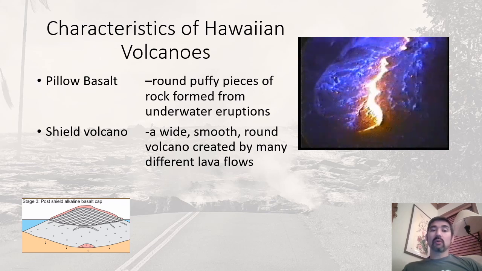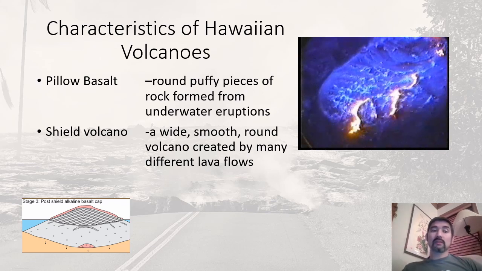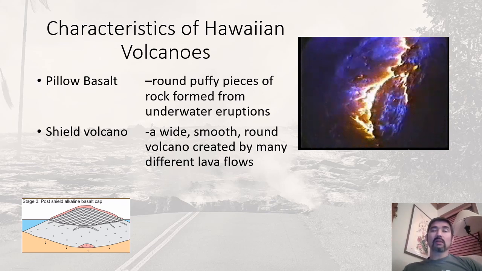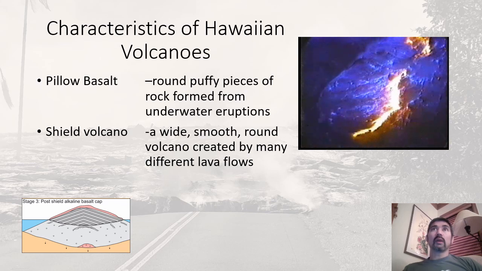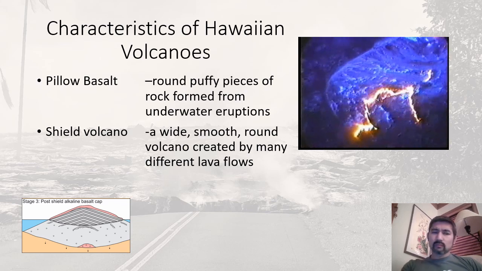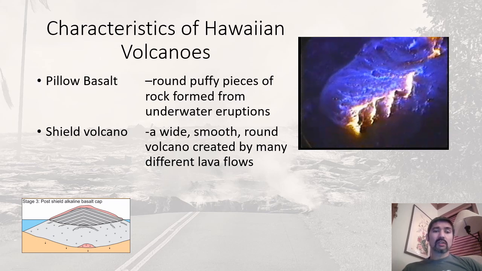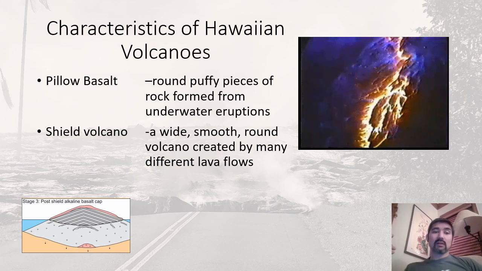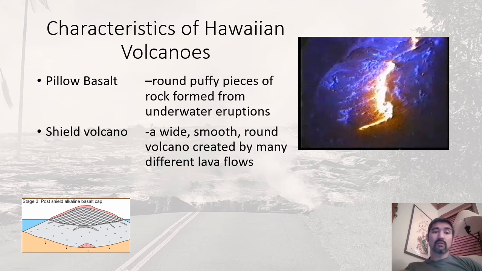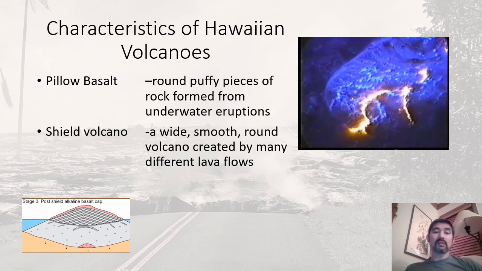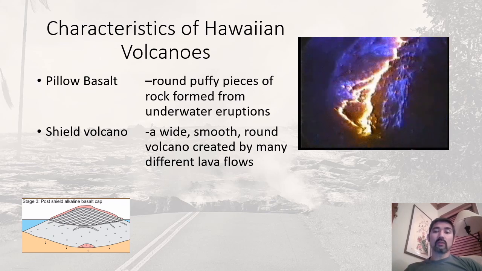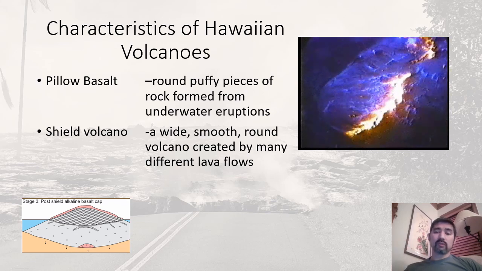It's so heavy it bends the Earth's crust. Eventually, this weight is going to cause the pillow basalt to settle, and you're going to have collapses of the pillow basalt, which is going to break off pieces of the shield volcano. But that happens millions and millions of years in the future.